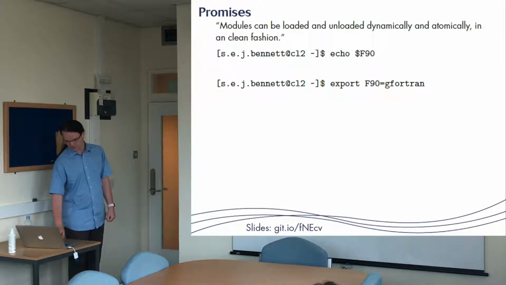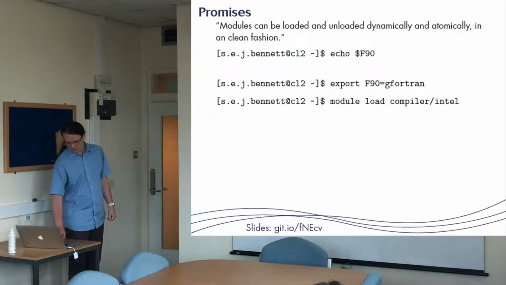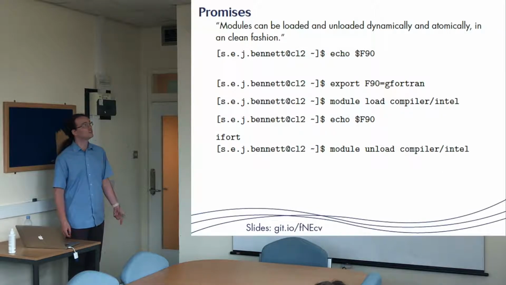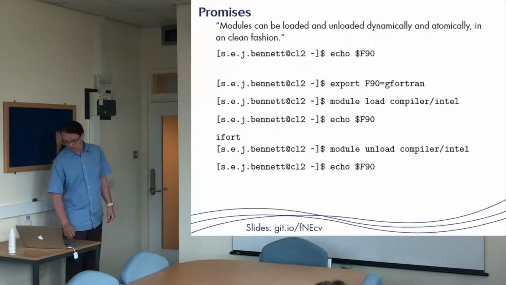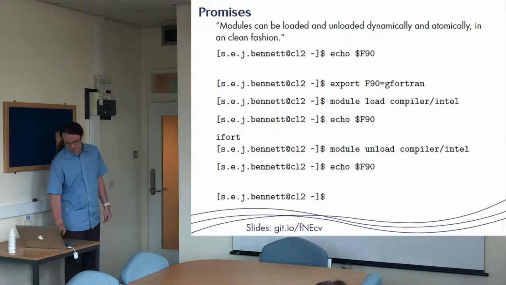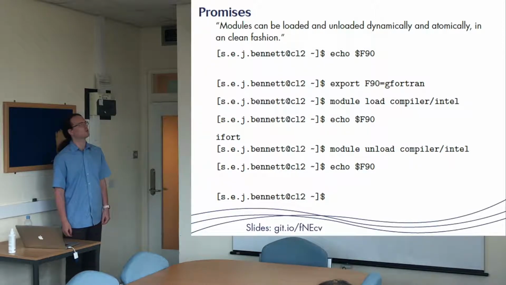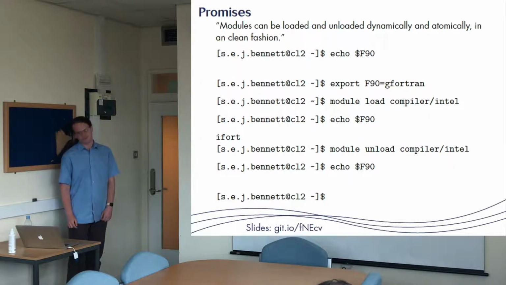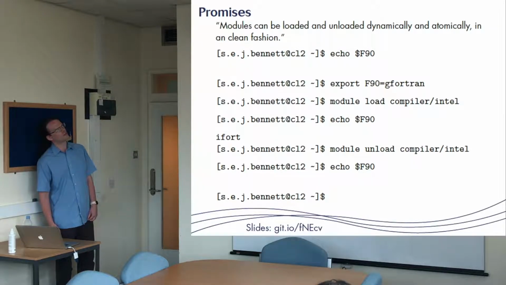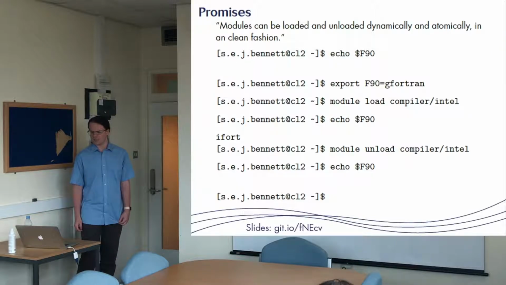I export F90 as gfortran. Okay, that works. Then I load the Intel module. That changes F90 to ifort. Now I unload the Intel compilers. I echo the environment variable, and it's been squashed back to nothing. So we start to see that this is not as dynamic or atomic or clean as it claims on the tin.